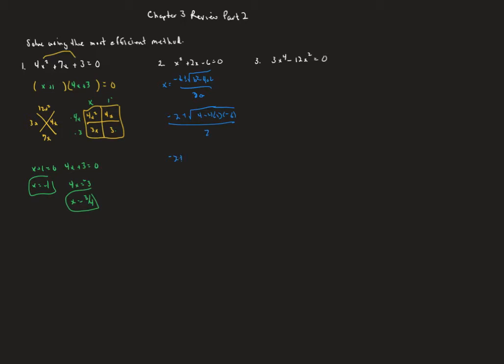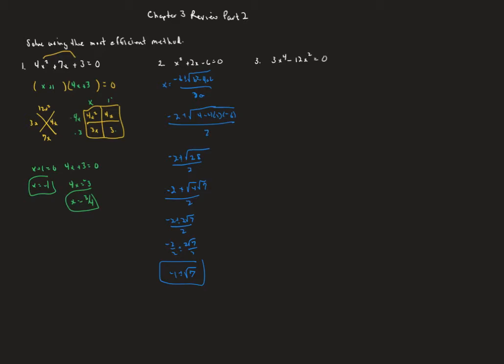So that's going to be negative 2 plus or minus the square root of 24 plus 4, which is 28, all over 2. Since 28 is 4 times 7, that will become negative 2 plus or minus 2 square root of 7 over 2. We can split that fraction up and reduce each of those to get negative 1 plus or minus the square root of 7.